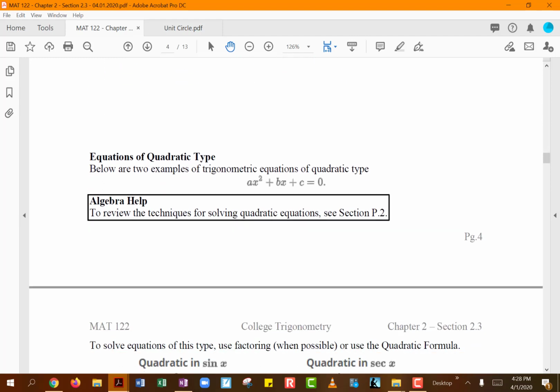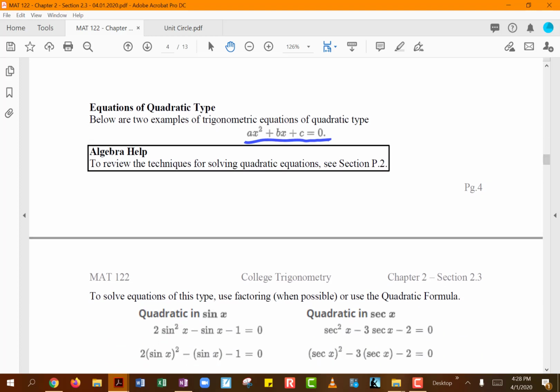Okay, now let's talk about equations of the quadratic type. So remember, this is our quadratic equation, ax squared plus bx plus c equals 0. You can solve quadratic equations either by using factoring, or if factoring doesn't work, you can still always use the quadratic formula. So let me write the quadratic formula for you here.